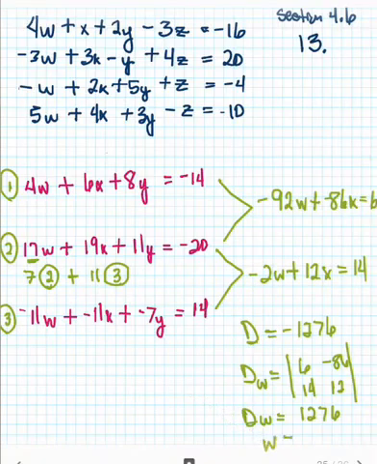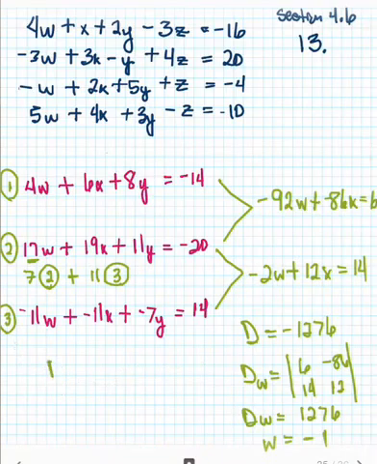Because now I can see that w equals dw, the determinant with respect to w, divided by d. So you can see it's going to equal -1. So at least I found, of the 4 variables, I know one of them. I know w, okay? So there we go.